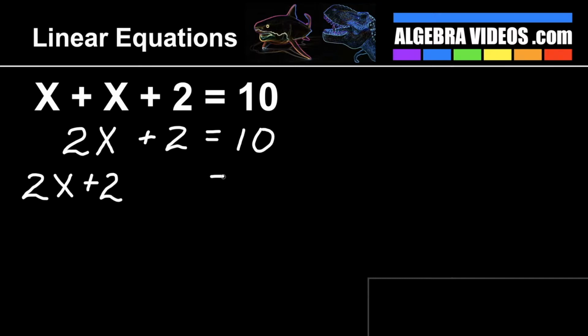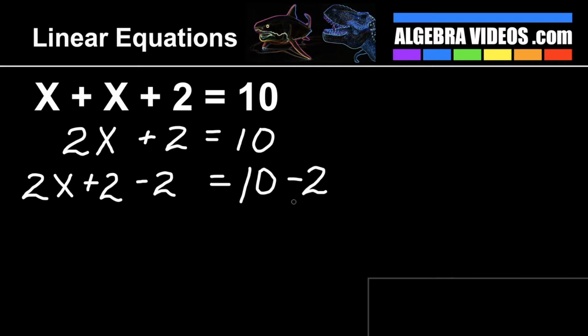And I'm going to leave a little space right here. And then I'm going to say equals 10. So all I've done is just rewritten the equation. I've left a little space to write in here. And what I'm going to do is subtract 2 from both sides of the equation. So put a minus 2 there and a minus 2 on the other side.